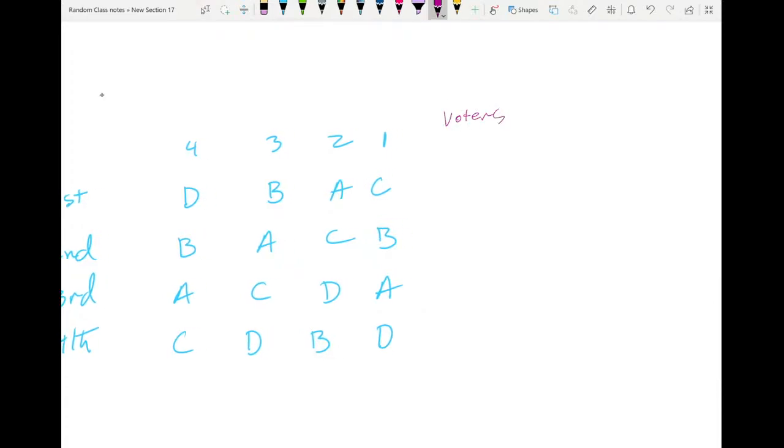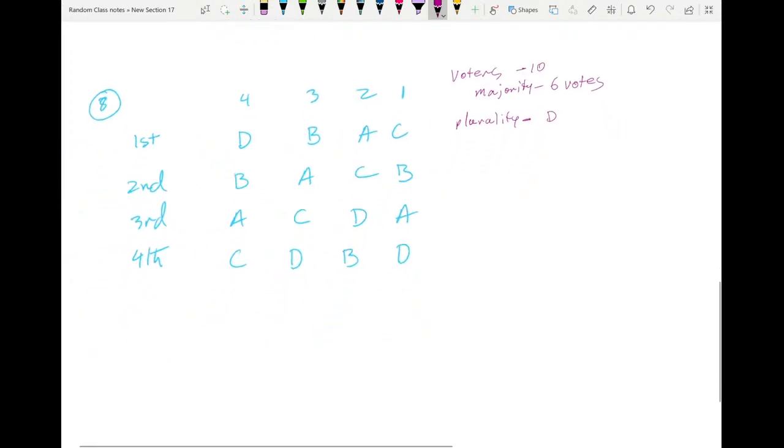Voters, you have 4, 3, 2, 1. 10 voters. To have a clear majority, you need 6 votes. All right, for the plurality method, the winner would be D.